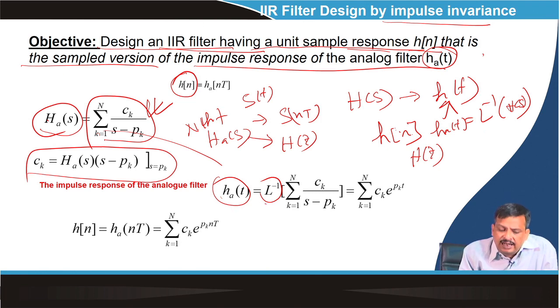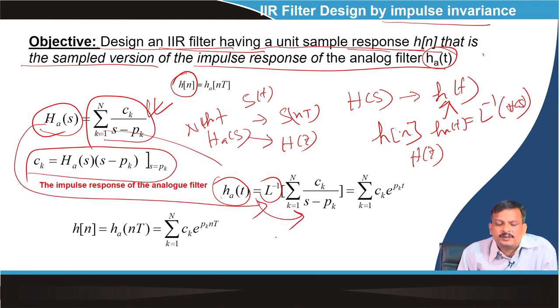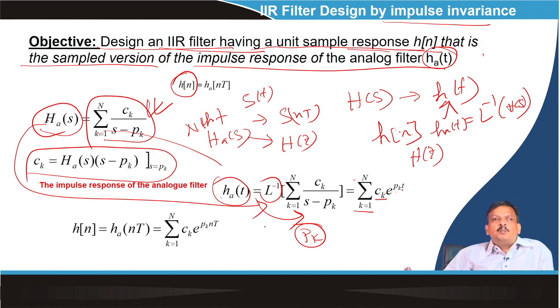So, I take the inverse Laplace transform of H of S, which gives me the sum over k equal to 1 to n of C_k e to the power P_k t. P_k is the position of the pole, S minus P_k. So, for k equal to 0, S minus P0, S minus P1, and the summation.